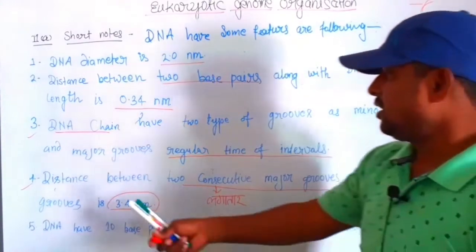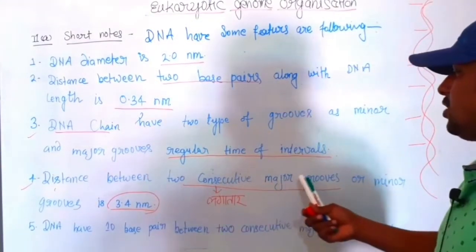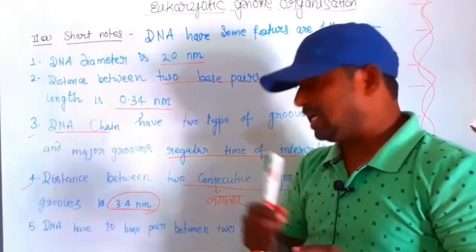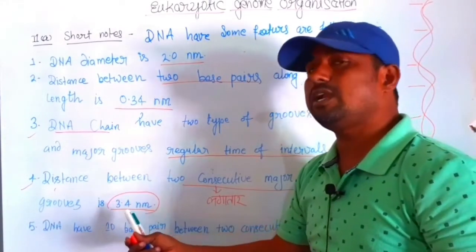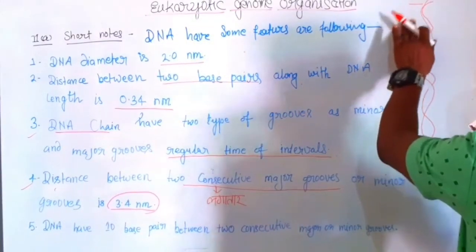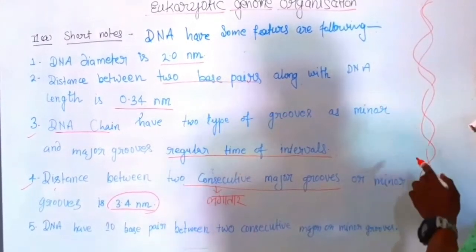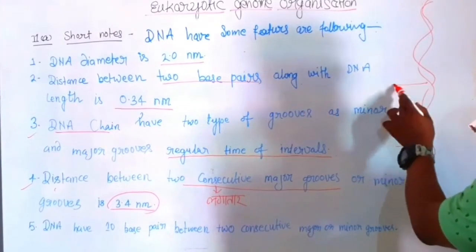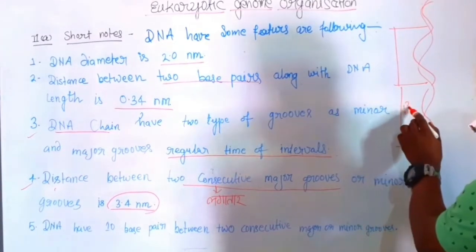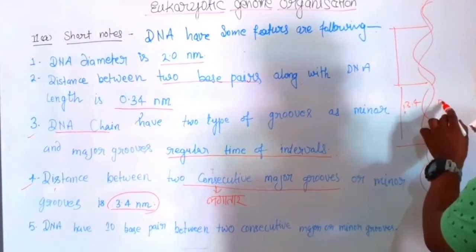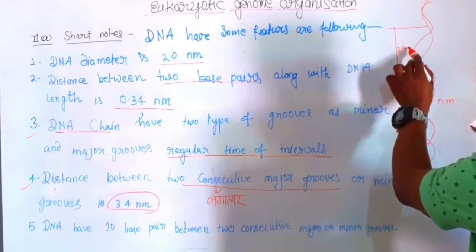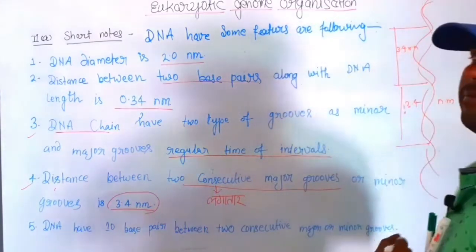For two consecutive major grooves or two consecutive minor grooves, the distance is always 3.4 nanometer. Suppose this is the major, it measures 3.4 nanometer, and this is 3.4 nanometer.